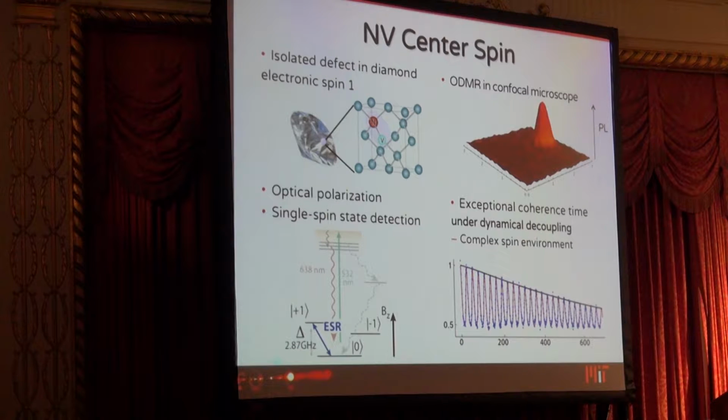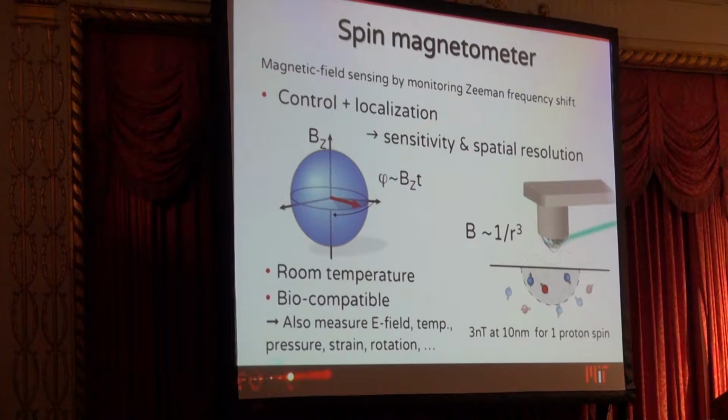One of the things this system is very good for is detecting magnetic fields. This was the first proposal on how to use NV centers as quantum sensors. The idea is that we achieve very good control of our system, and because it is in the solid state, it has very good localization.